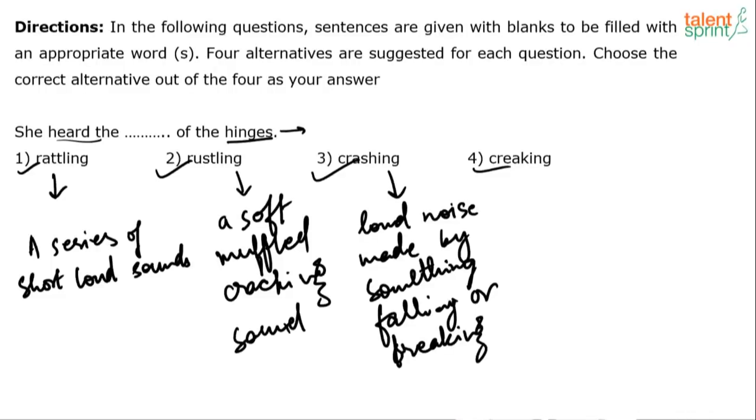Okay, and finally we have creaking. Creaking is a sound that is made by doors. Whenever we watch horror movies, what happens in horror movies is these sound effects are mostly of creaking doors, rattling of plates and cups.